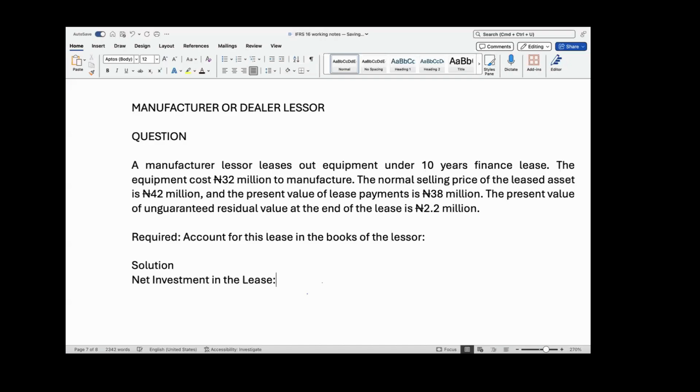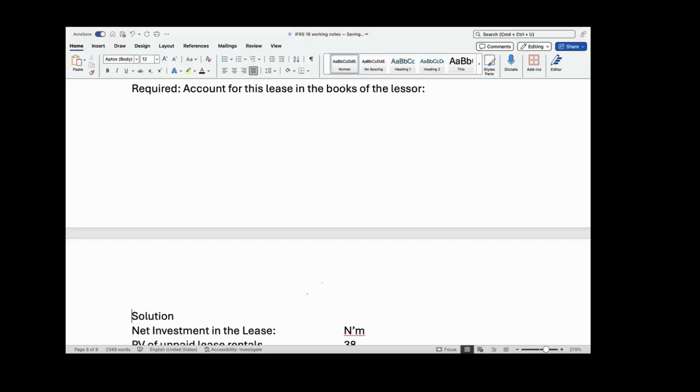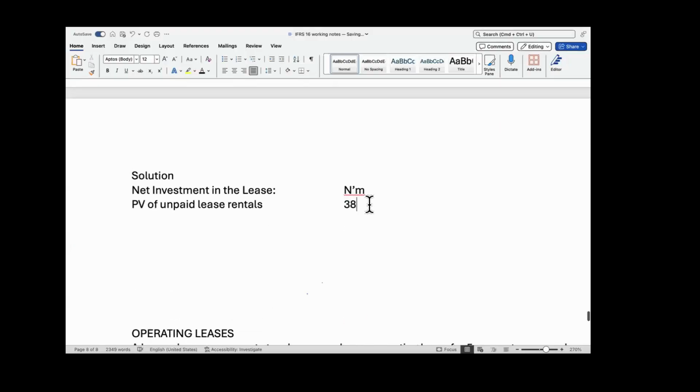So let's determine the net investment in the lease, which is the present value of unpaid lease rentals. How much is that? That's 38 million. And we will add present value of unguaranteed residual value.